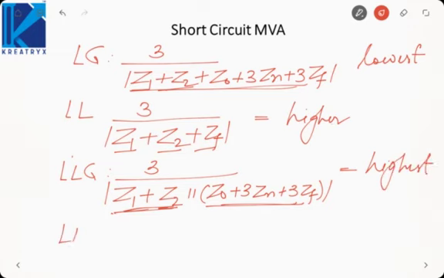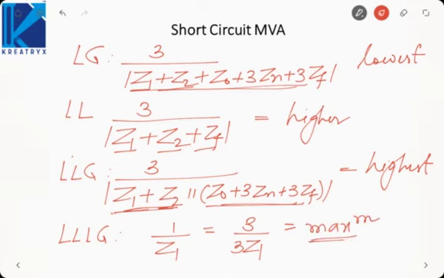But if you consider the symmetrical fault, it was 1 by Z1, or we can say 3 by 3Z1. So it is actually maximum. Why maximum? Because Z0 will always be greater than Z1 and Z2.